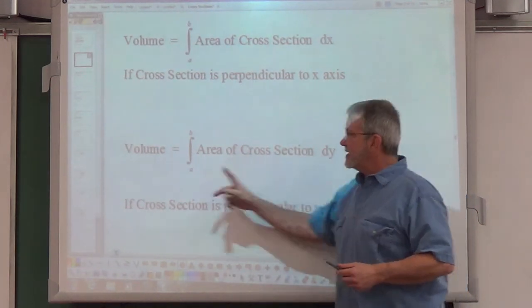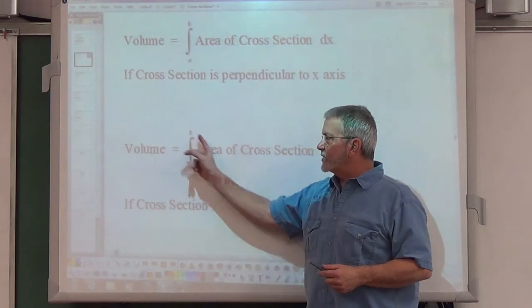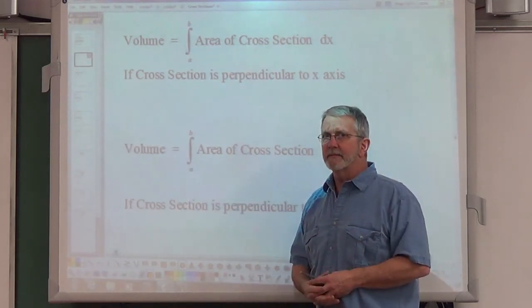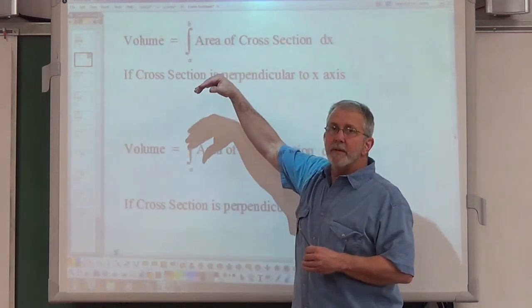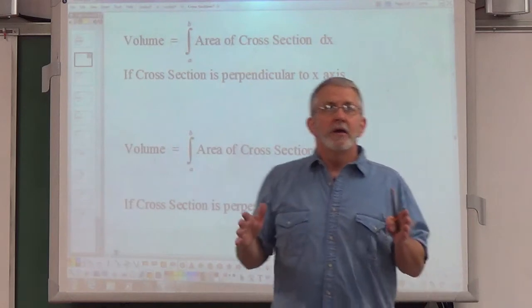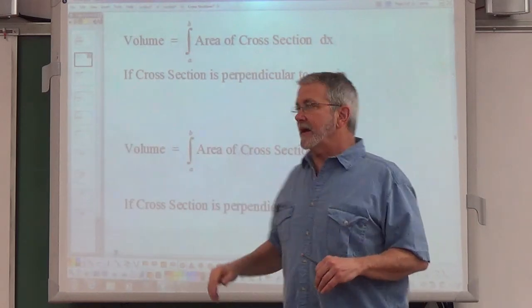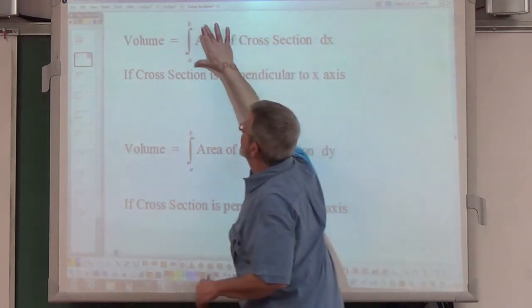If this were the case, then the a and b, the limits of my integration, would be y values. To make things simple for today, we are going to make sure all of our cross sections are perpendicular to the x. So we're going to limit ourselves right here.